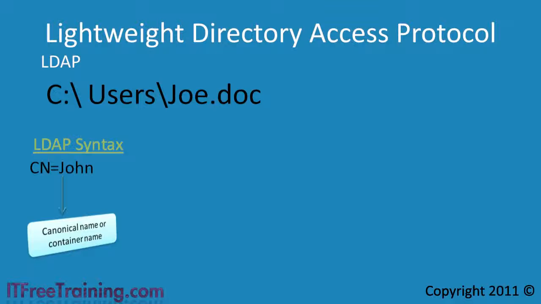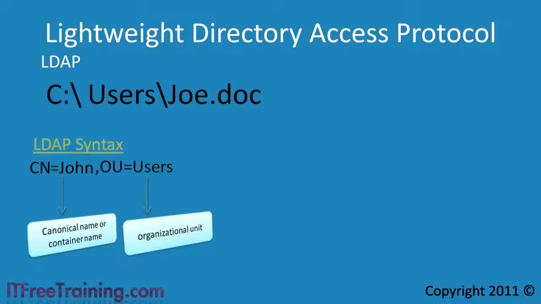As you can imagine, there could be more than one object in the database called John, so we need to tell LDAP where this object is located. This is where LDAP syntax may confuse some people because it is in the reverse order to, say, a file name and path on the hard disk. Let's say the object John is located in an organizational unit called users. If you are confused, think of organizational unit, or OU, as a folder inside Active Directory.